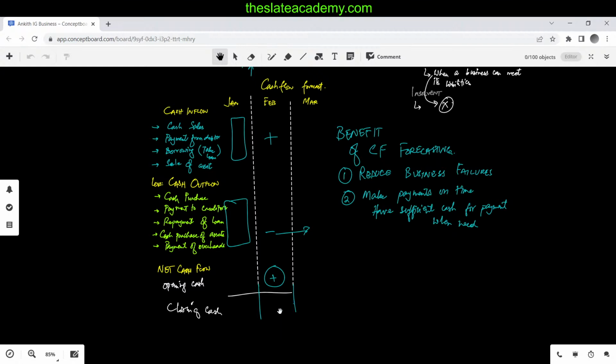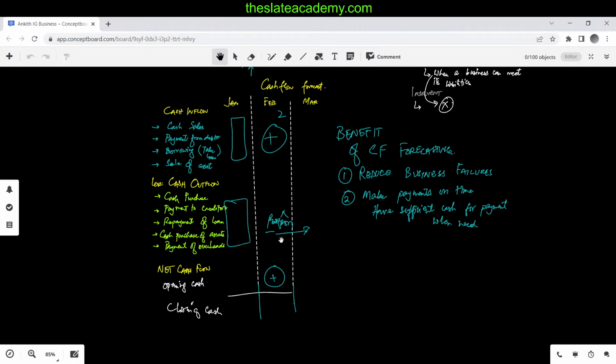The first option was postpone, and we are saying this is not an option really. The second option is increase the cash inflow, so that from this increased cash inflow, I'm able to fund this cash outflow. The third option is, let's say cash inflow is also something we are unable to increase.